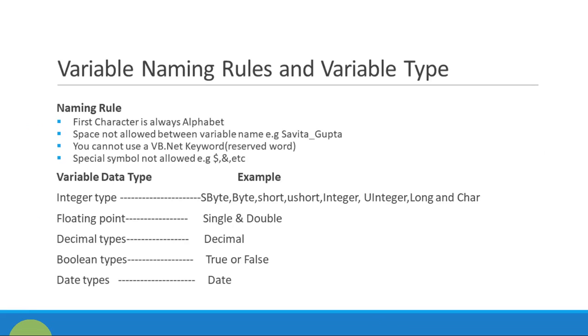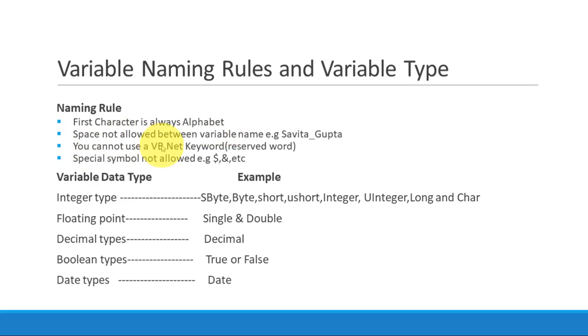Then variable naming rules and variable types. These are the rules which we have to follow while naming any memory location, while naming a variable. First character is always an alphabet. After that we can put numbers also, but the very first character of our variable name should always start with an alphabet.